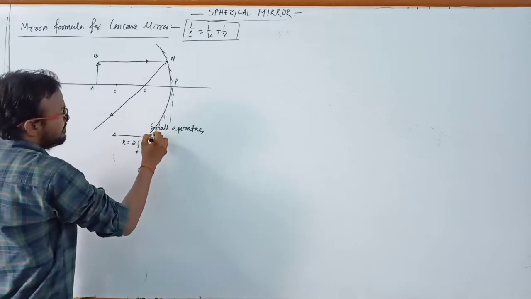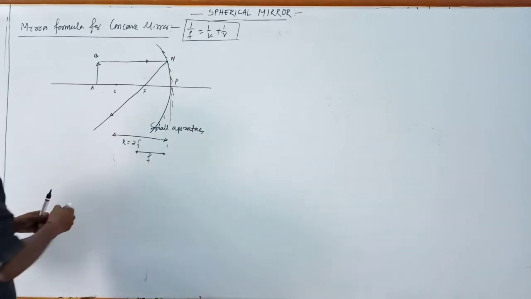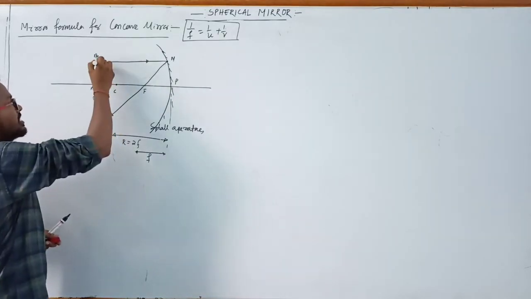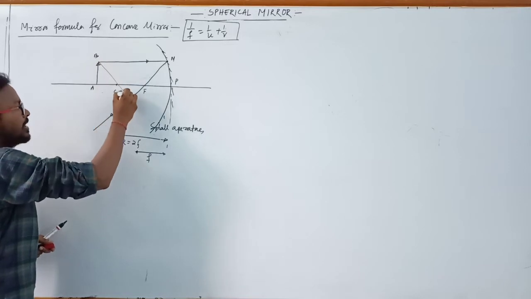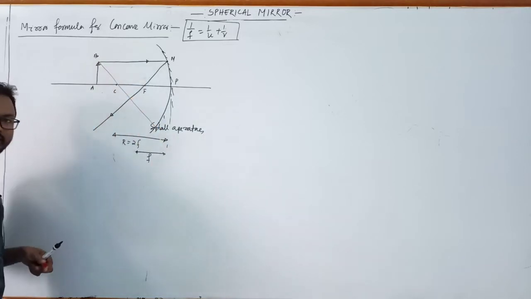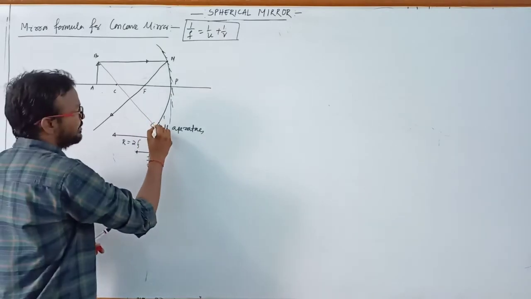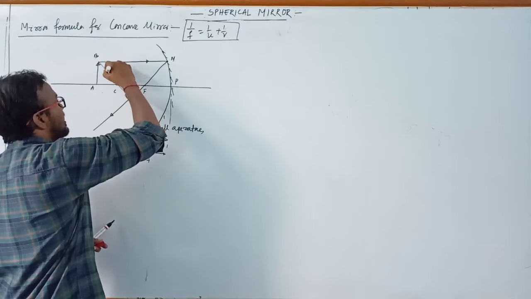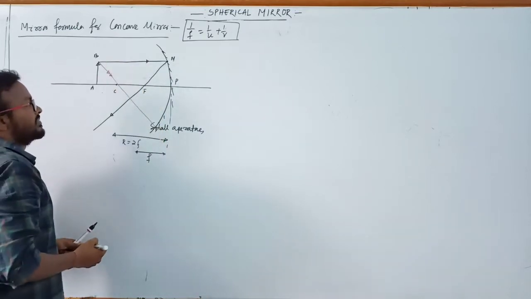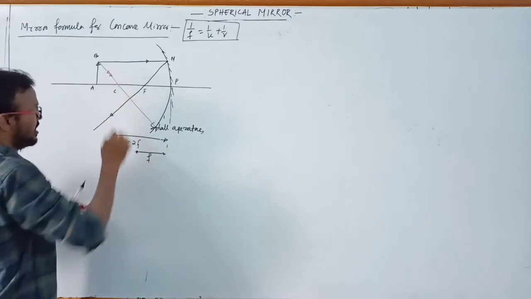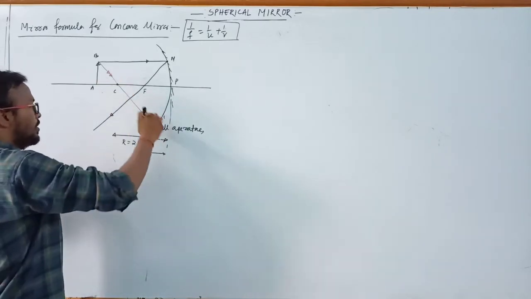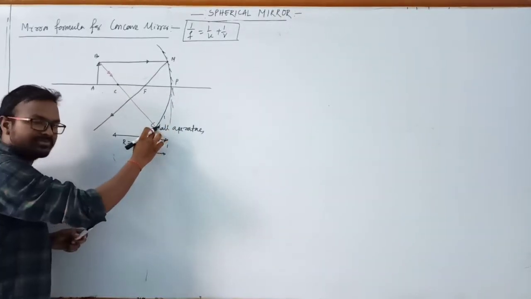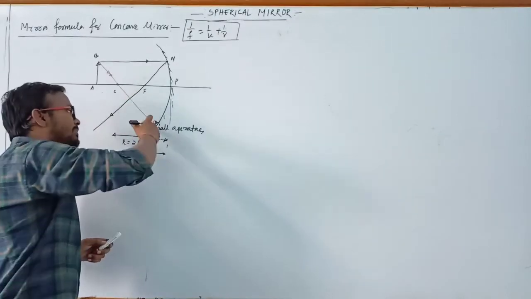Again, if we take another ray from this point B, suppose this ray passes through the center of curvature, in this direction. Now we have to draw a normal at this point. This is the incident ray, which passes through the center of curvature at point C. If we draw a normal at this point, the normal is along the direction of the incident ray.